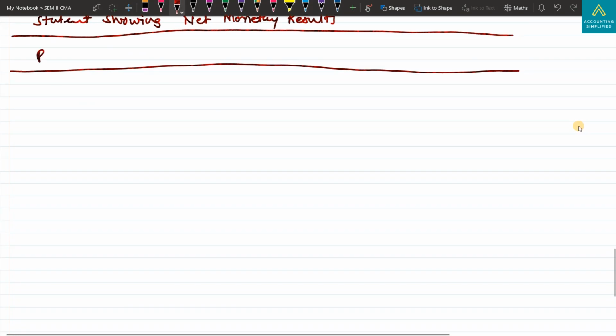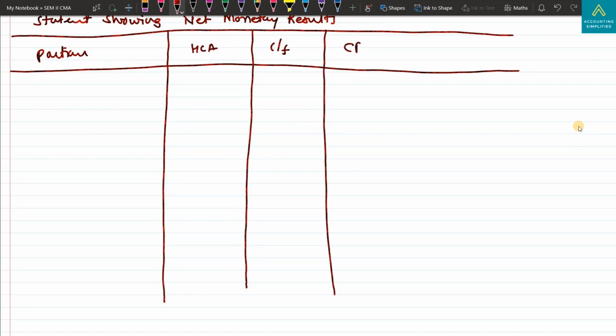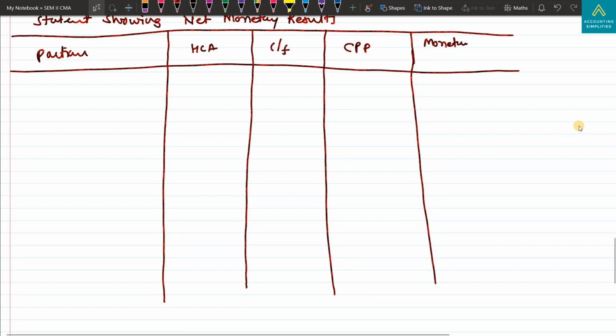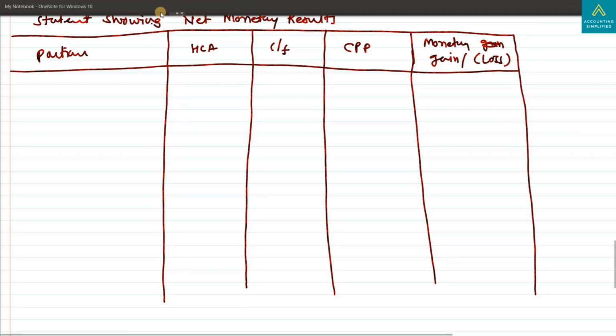Particulars, then historical cost accounting, whatever value we write here; then the conversion factor which is applicable, we will multiply it, and the CPP method. The last one is monetary gain or loss; a loss we will write in brackets, which means a negative figure. Okay, so now let's start.